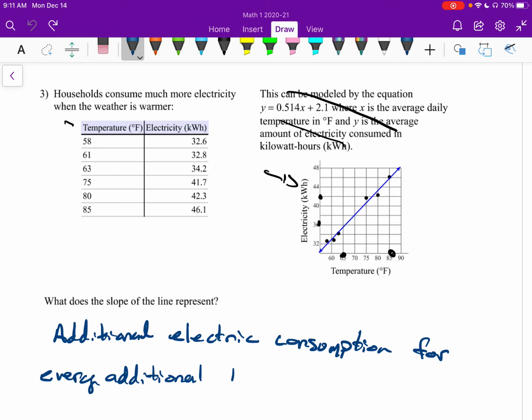I'll say degree. Right? As we look back at that, the higher we get on that slope, or what the slope represents, is how much more our electricity bill goes up, or how much electrical consumption we have. Right? So you can almost ignore everything except for the graph.